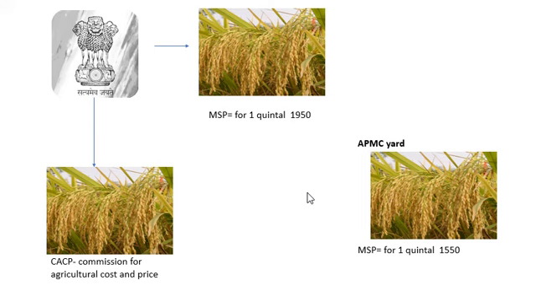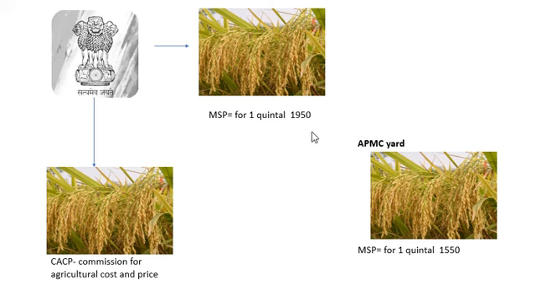Now, for example, if there is a loss and if MSP is raised every year, then there is a problem of inflation and it will be very difficult for people to buy.